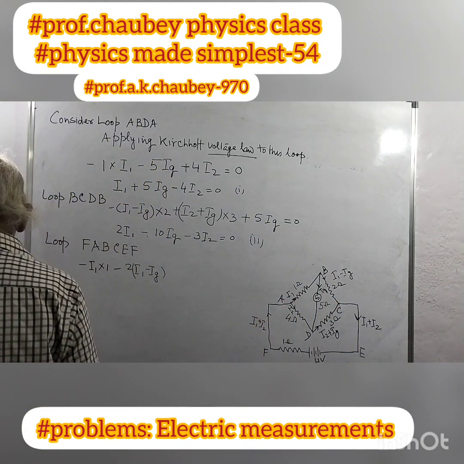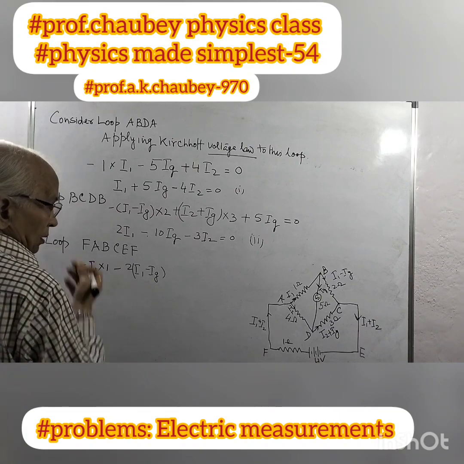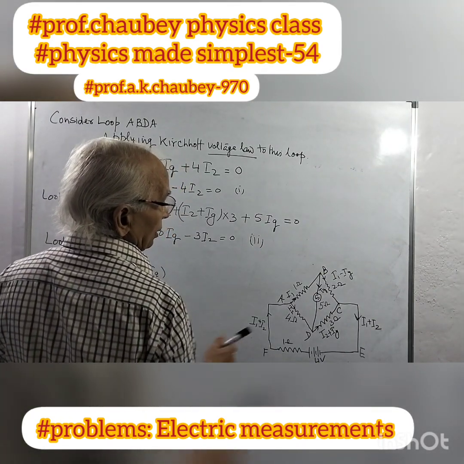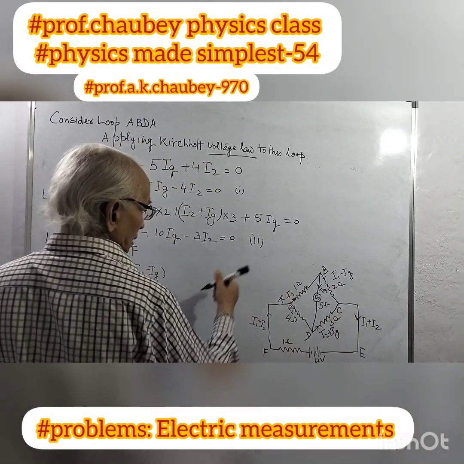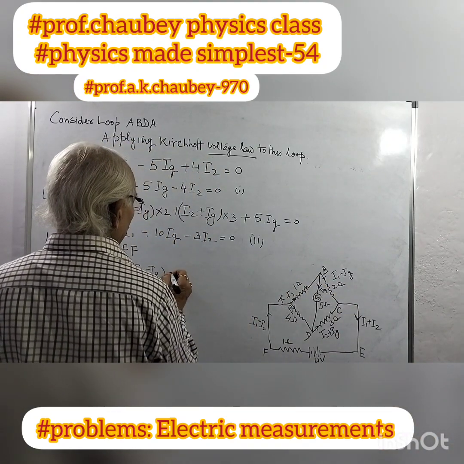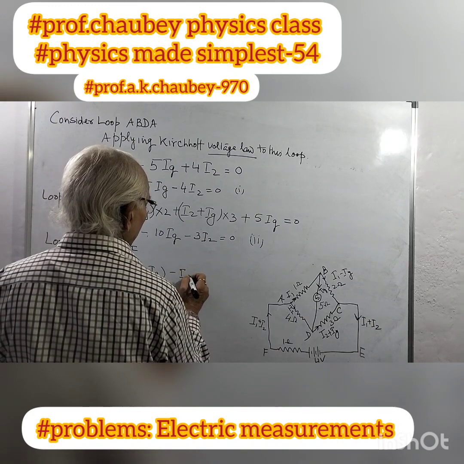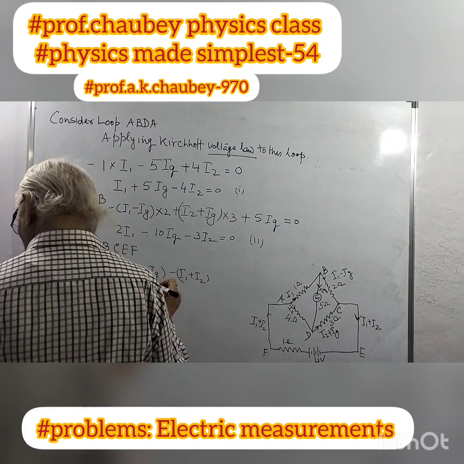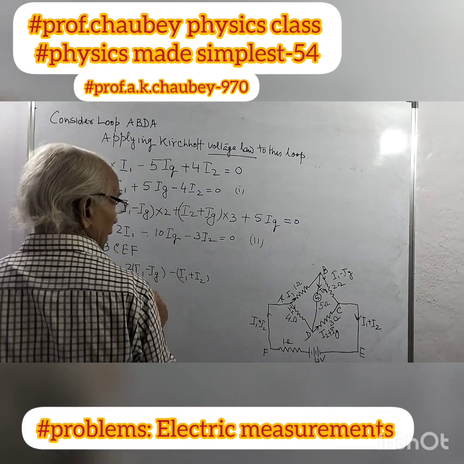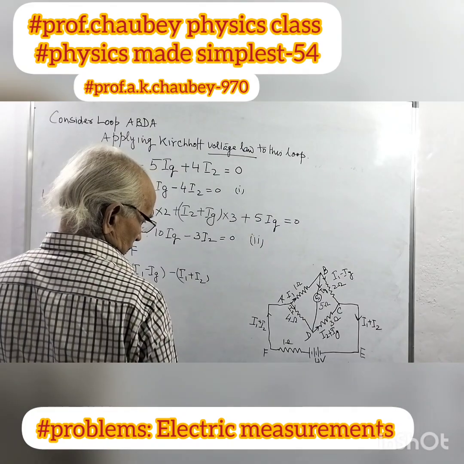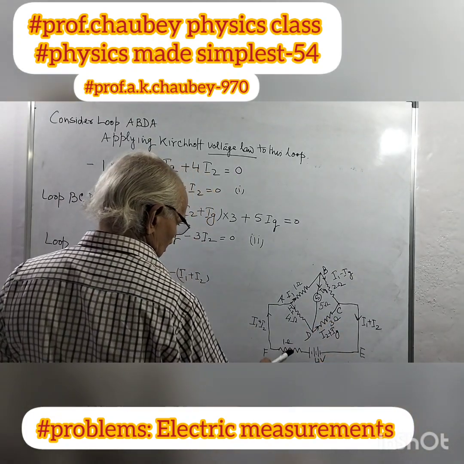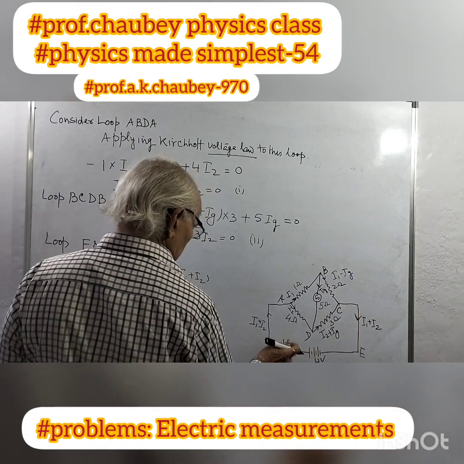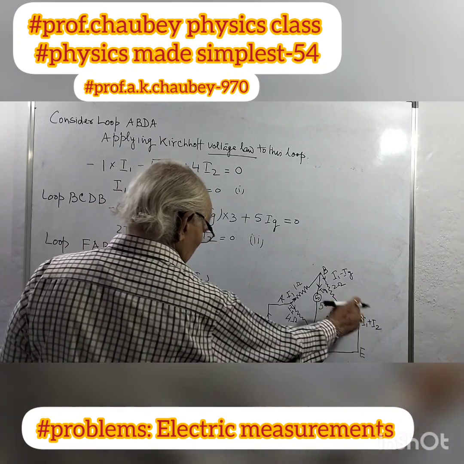And what else? Minus I1 plus I2, this in the same direction, minus I1 plus I2. And this current is passing through this circuit, coming like this.